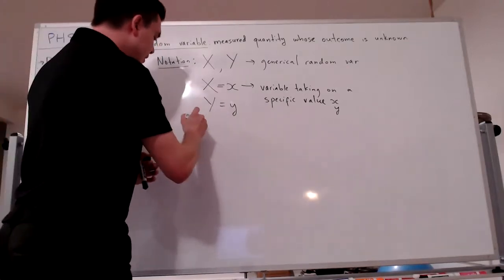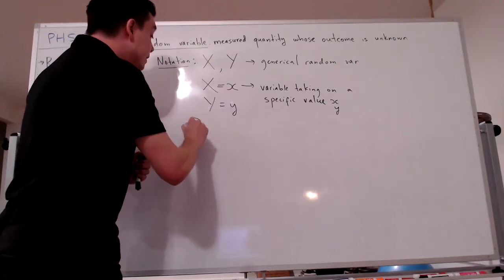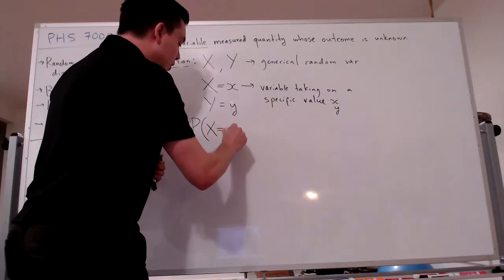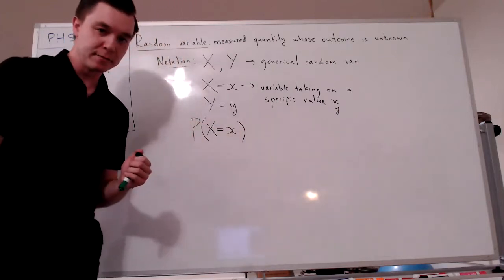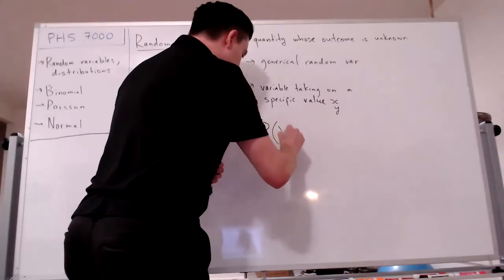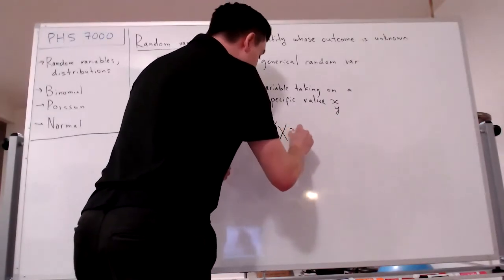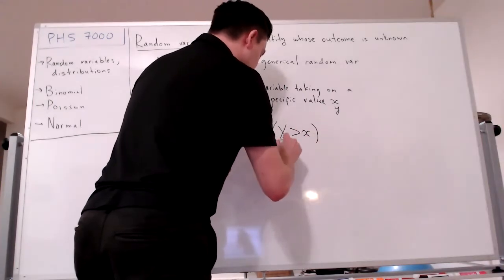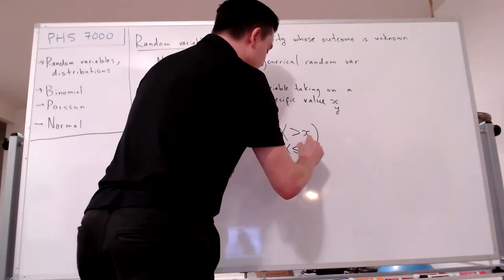And then, of course, we can look at things like probability of a random variable taking on some specific value, or probability of a random variable being greater than a specific value, or less than or equal to a specific value.